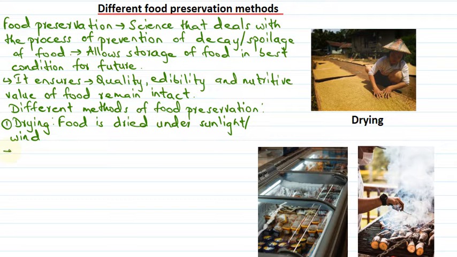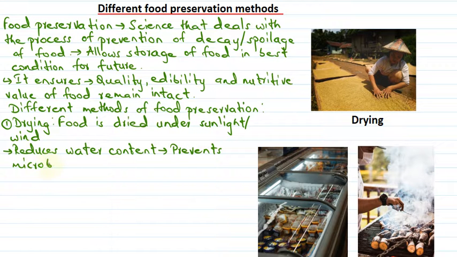Drying reduces the water content of the food, thus it prevents microbial growth, because microbes grow best in a moist environment.